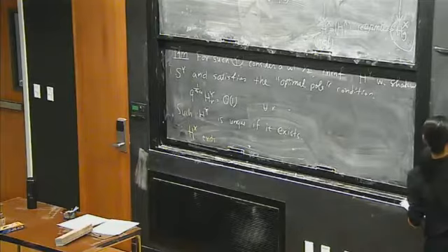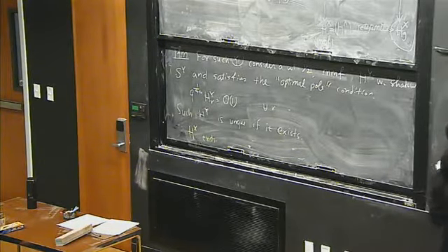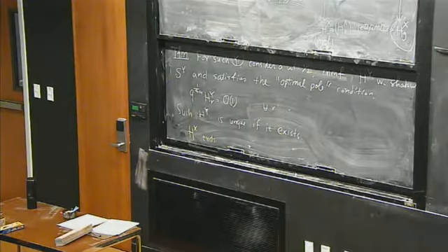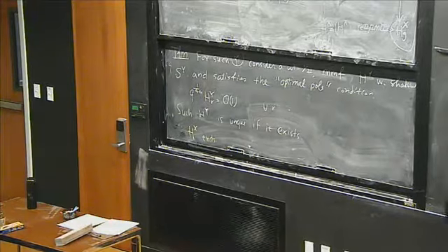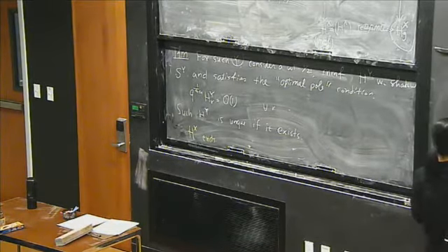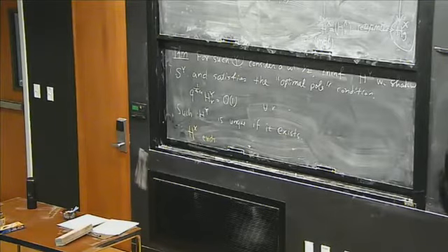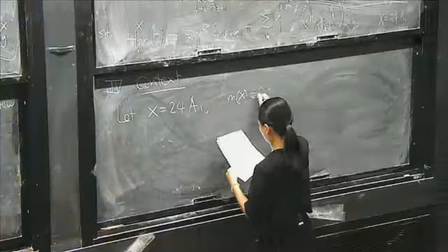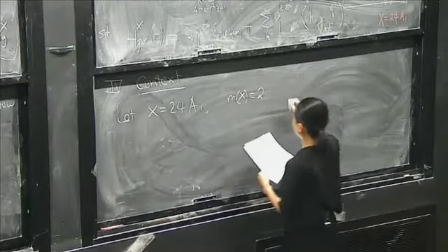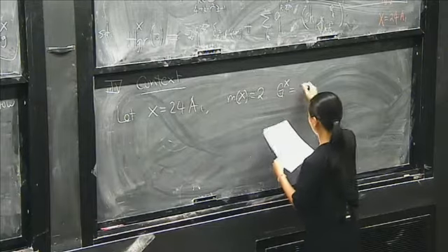So, context. What does this exercise mean for the Mock Moonshine? So first, let's see how we get the familiar M24 story from this. So let's take this being 24 copies of A1. So we know the Coxeter number of A1 is 2, and the group is M24.